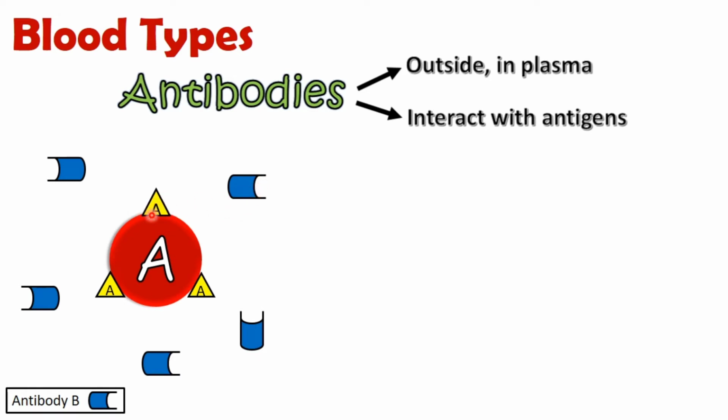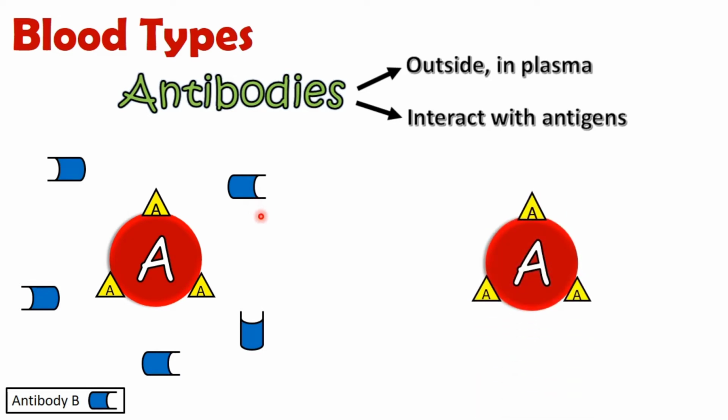If you have A antigen, your antibody must be antibody B. So if you have A antigen, which is blood type A, your antibody won't make any response to blood type A because they have the same antigens.